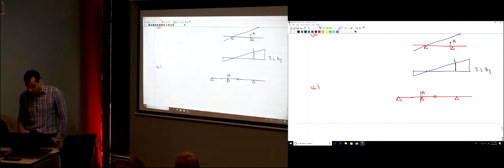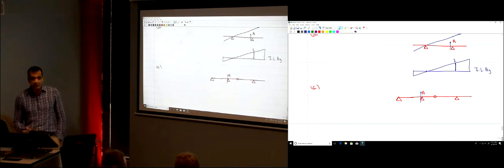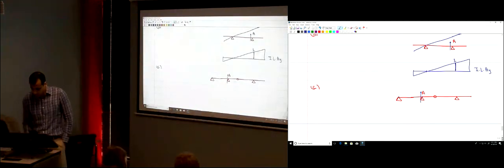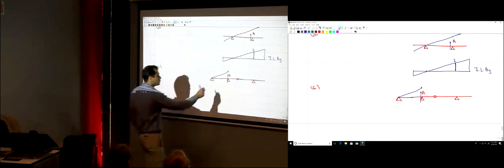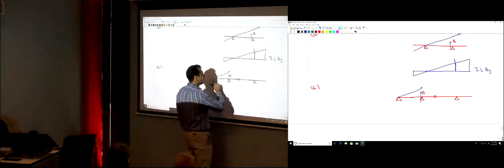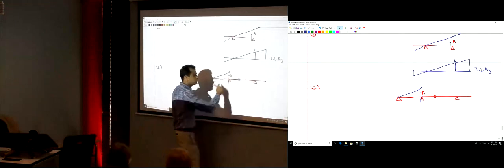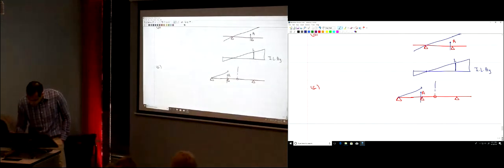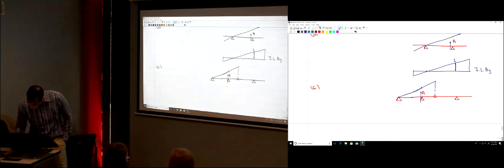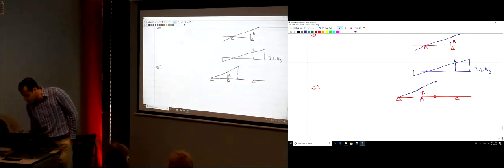There's still a support here, so I'm pushing this up a unit displacement. This is going to remain straight like this, but the beam here is not broken. It's going to move up all the way to the hinge, and the hinge is the point where it can rotate. Then you have a support here, so it's going to move like this.